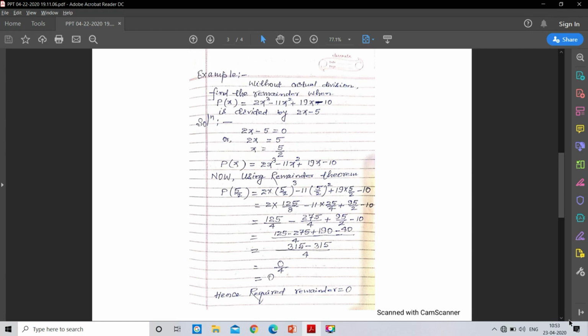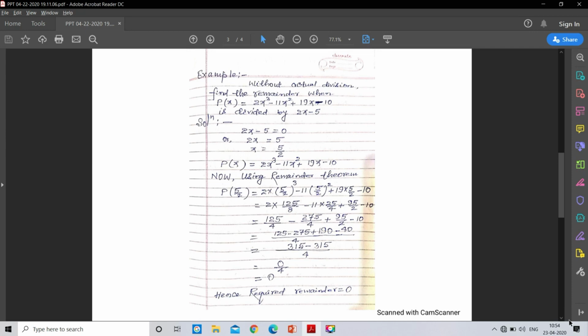Now using the remainder theorem, p(5/2) is equal to 2 into (5/2) the whole cube minus 11 into (5/2) the whole square plus 19 into 5/2 minus 10, which is equal to 2 into 125/8 minus 11 into 25/4 plus 95/2 minus 10, which is equal to 125/4 minus 275/4 plus 95/2 minus 10.